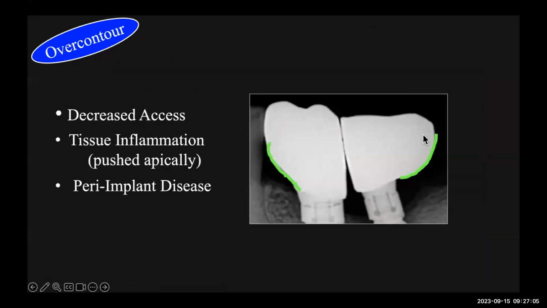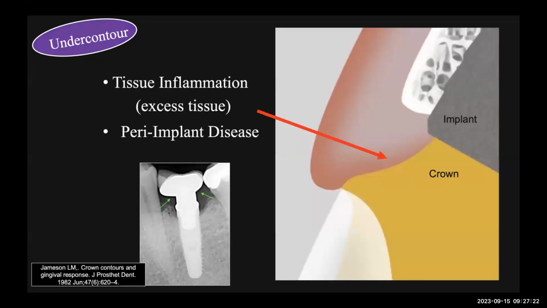You can see how this crown is impeding the patient's ability to get in and utilize proper hygiene. If you start looking at some of the crowns that come in from other offices, you're going to see some very atypical prostheses that are very over-contoured and are just a reservoir for plaque and biofilm. Now, the opposite is under-contouring. We still get tissue inflammation, but how does that happen?